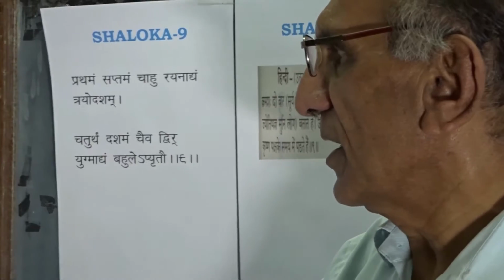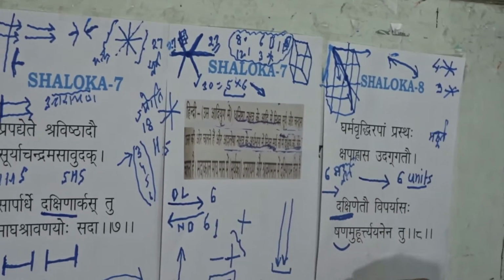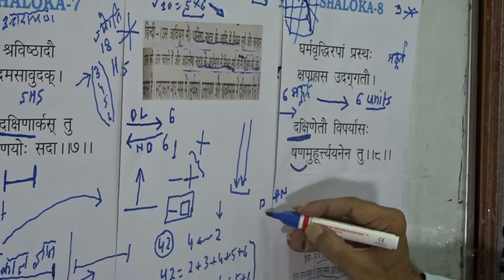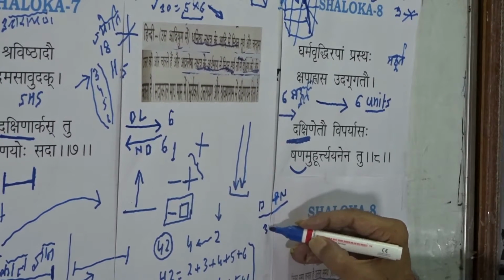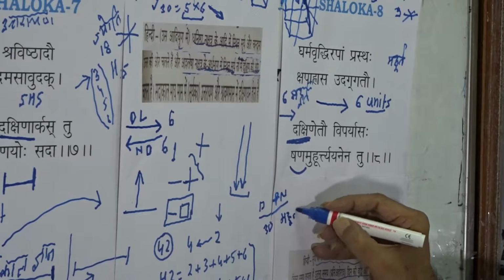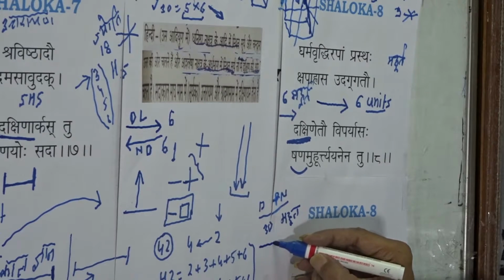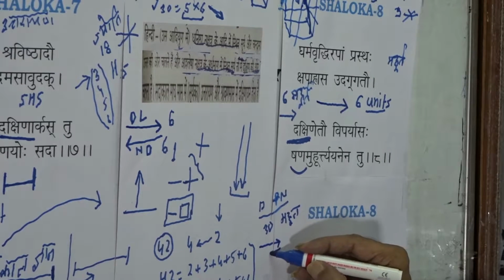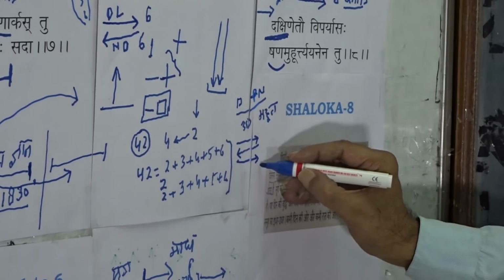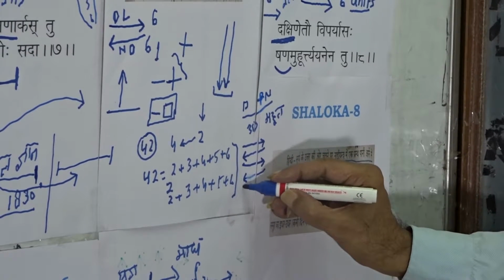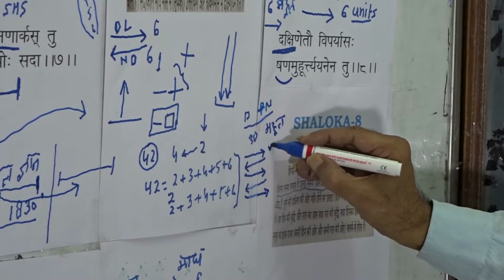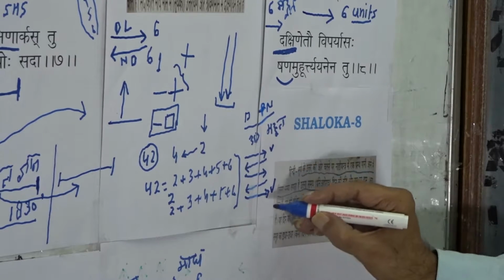Now further, one can pause and take note that a day and a night as such is taken as a total of 30 units of time, 30 Mahurats. That means first the progression will be for 6 units, then reversal for 6 units, then again progression for 6 units, reversal for 6 units, and further again progression. So we started with a progression and it will again reach a progression.